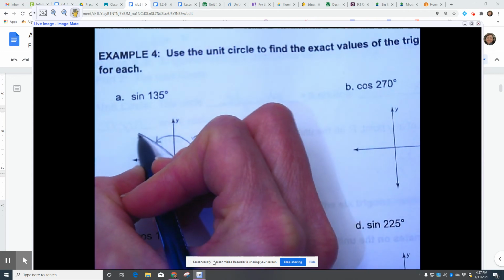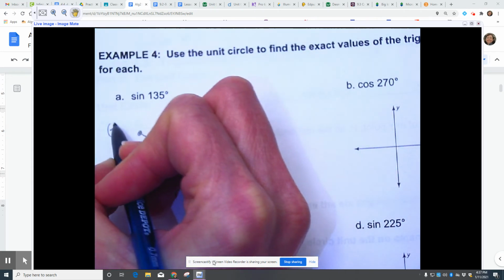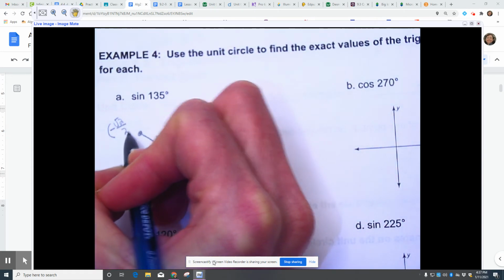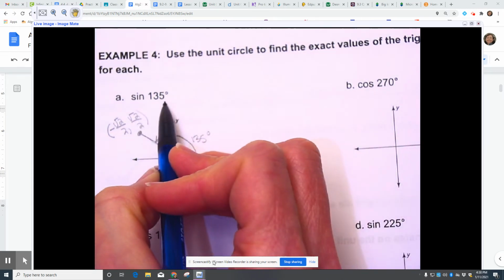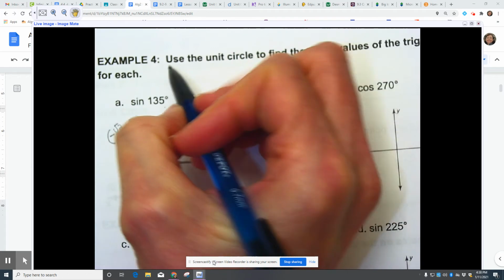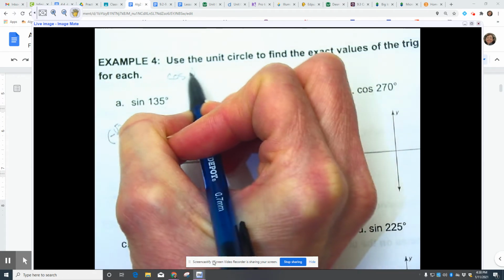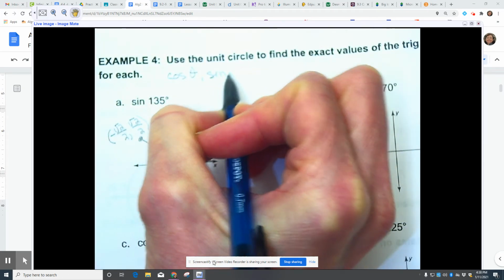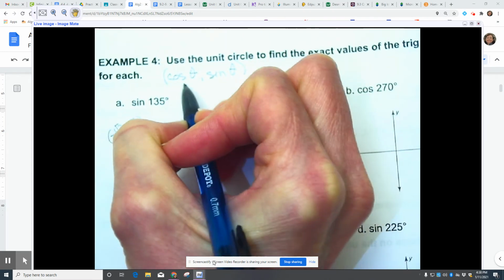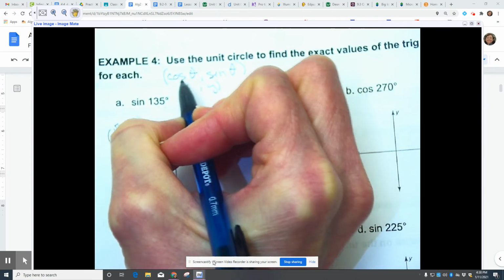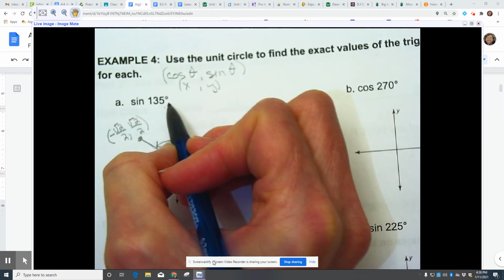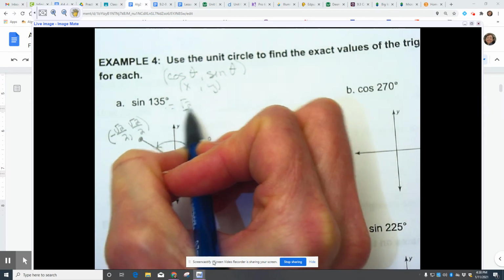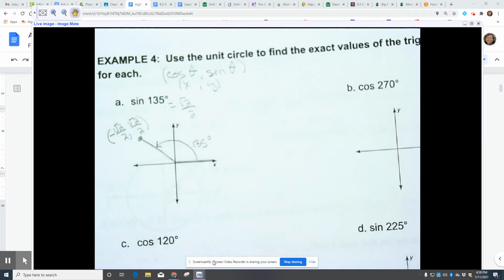So I'm going to put these coordinate points right on here. They're asking me for the sine. Well, remind yourself that x is always the cosine, y is always the sine. So if they're asking me for the sine, I want the y value. So that equals square root of 2 over 2.